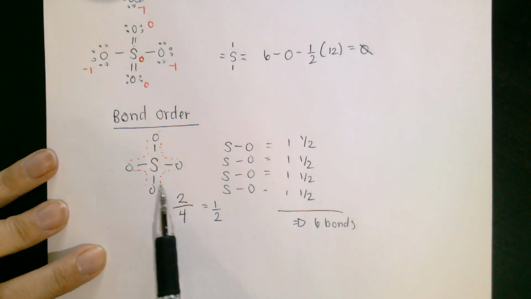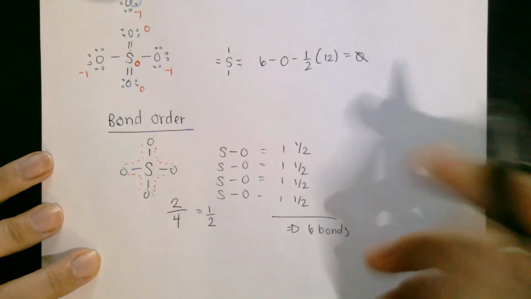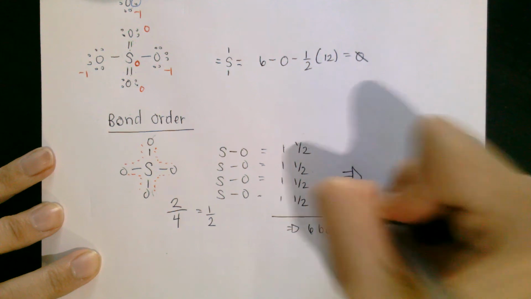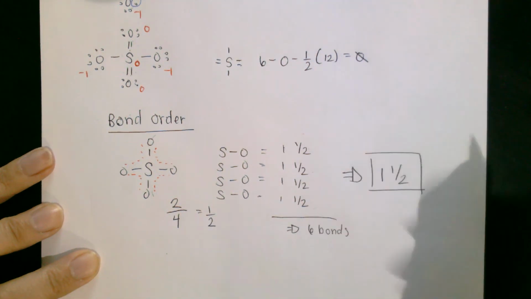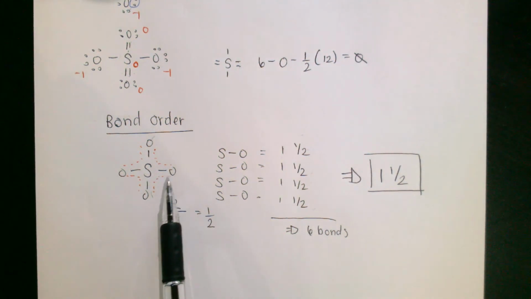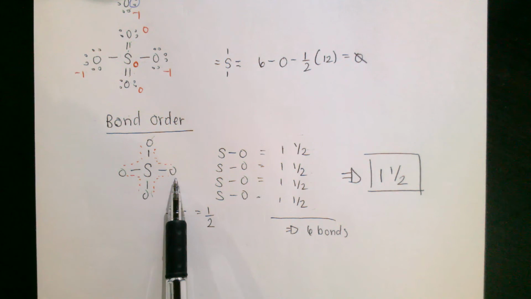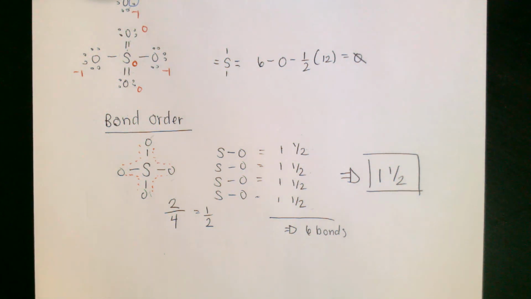Those 2 double bonds shared between all 4 of these give us a 1 1/2 bond order. So what is the bond order here? 1 1/2. If we were going to predict what this bond length would be, we would look up a sulfur oxygen single bond, we would look up a sulfur oxygen double bond, and we would go somewhere right in the middle. We would expect it to be somewhere right in the middle of a sulfur oxygen single bond and double bond to give us that 1 1/2 bond order.